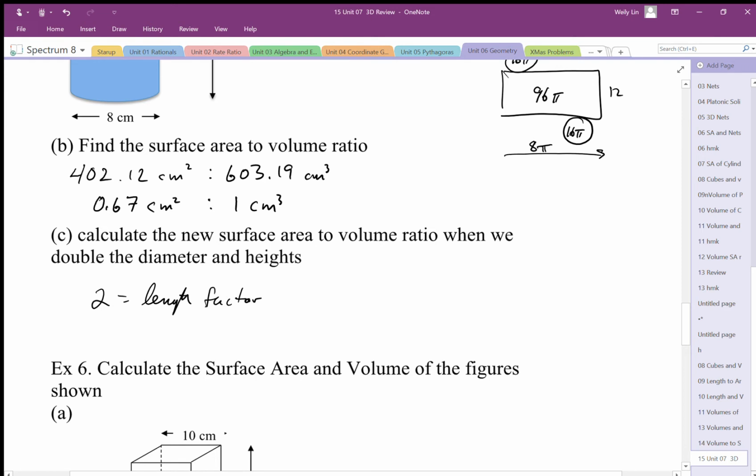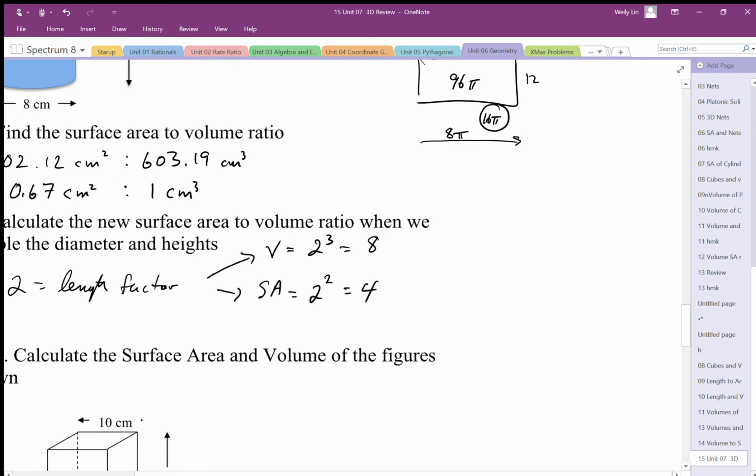How does that affect the volume? Well, the volume increases by 2 cubed, or by a factor of 8. The surface area, on the other hand, is area. So the surface area increases by a factor of 2 squared, or 4. So what's going to happen is we're going to get 8 times the volume, 4 times the surface area. So it's going to look like this.